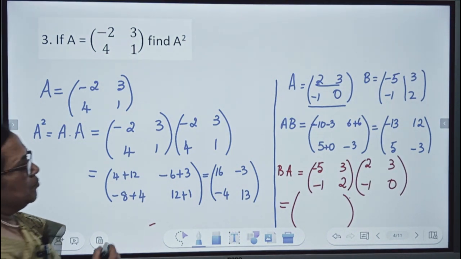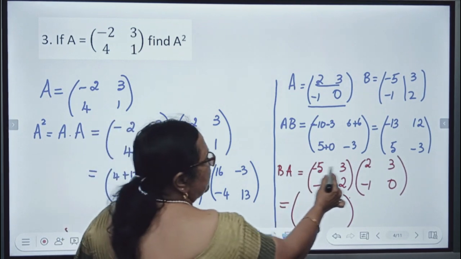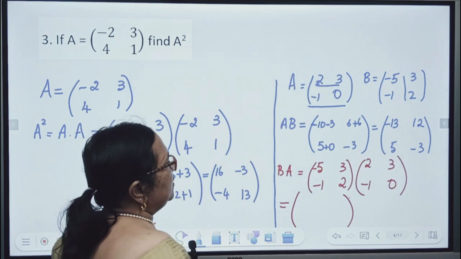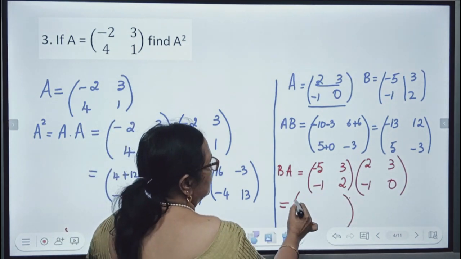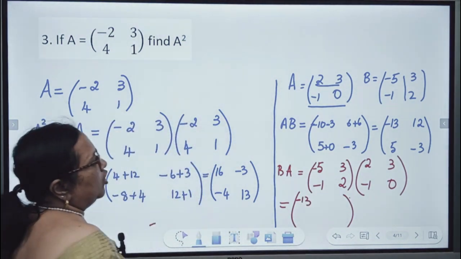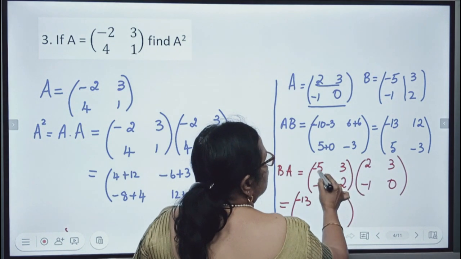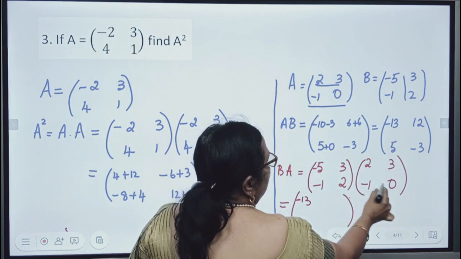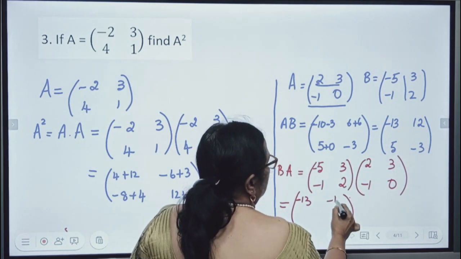So what will you get? Minus 5 into 2, minus 10, minus 3, minus 13. Then first row, second column. So minus 5 into 3, minus 15, plus 3 into 0, 0.